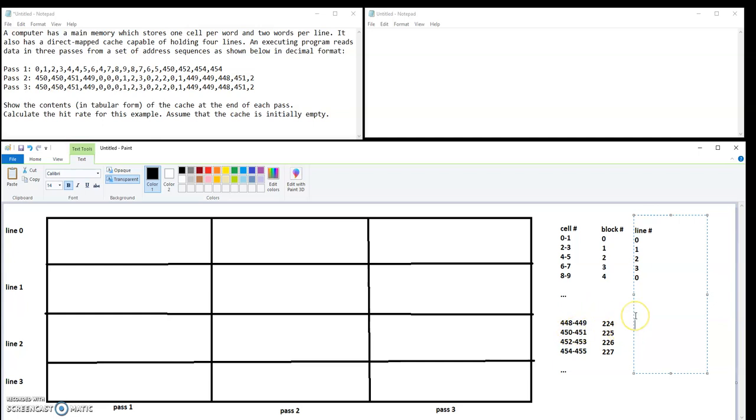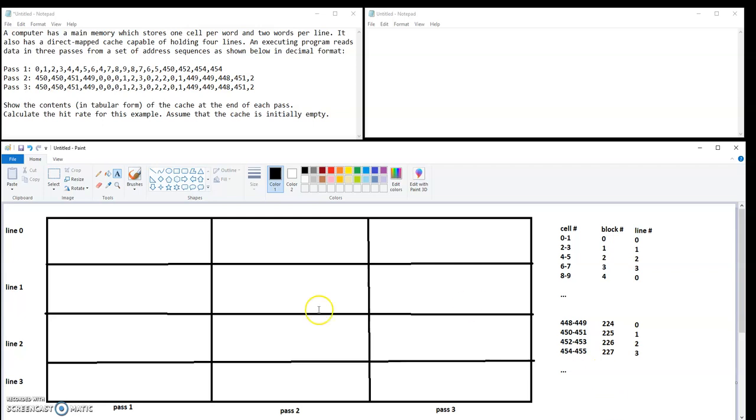So now 224 mod 4 is also 0. Just by fluke. It comes out nice and neat like that. So you can see there's going to be some contention. They will be fighting. Some of these blocks want to go in the same line as the other ones. There's lots of fighting for line 0. They can't go in there at the same time, so there will be eviction or overwriting.